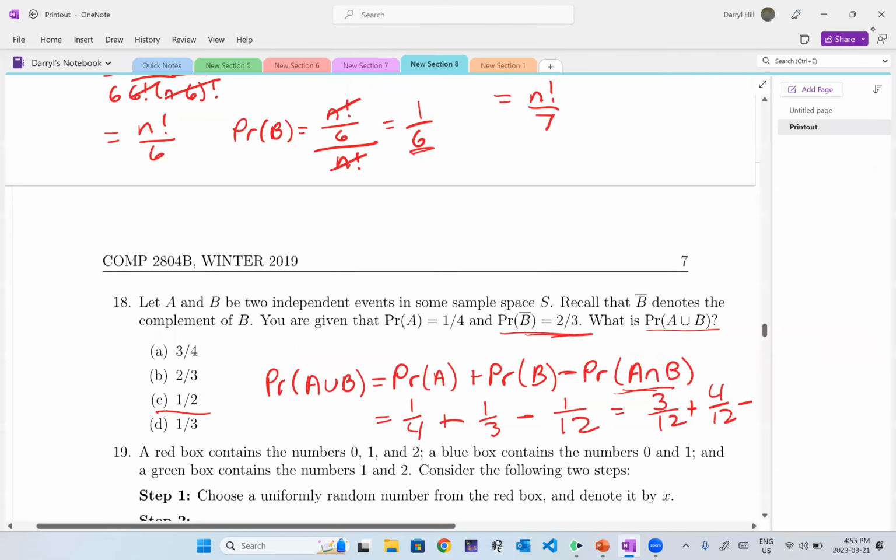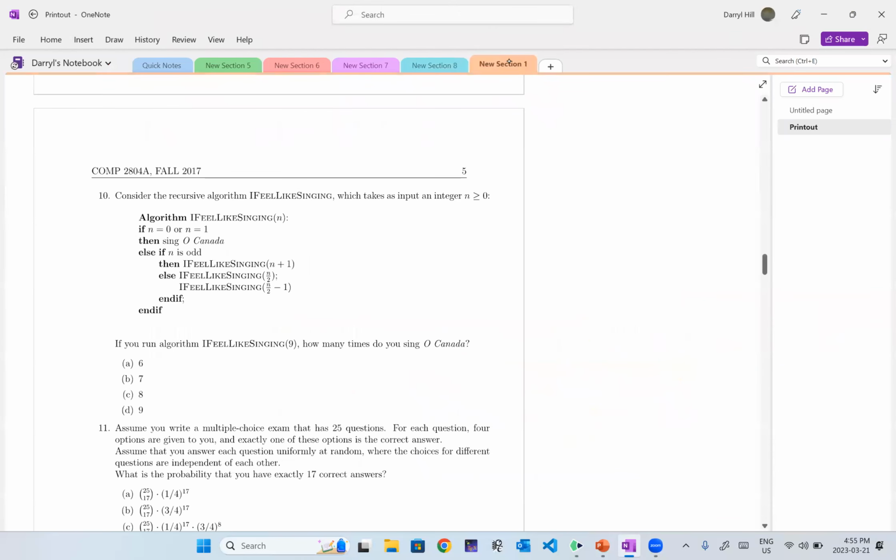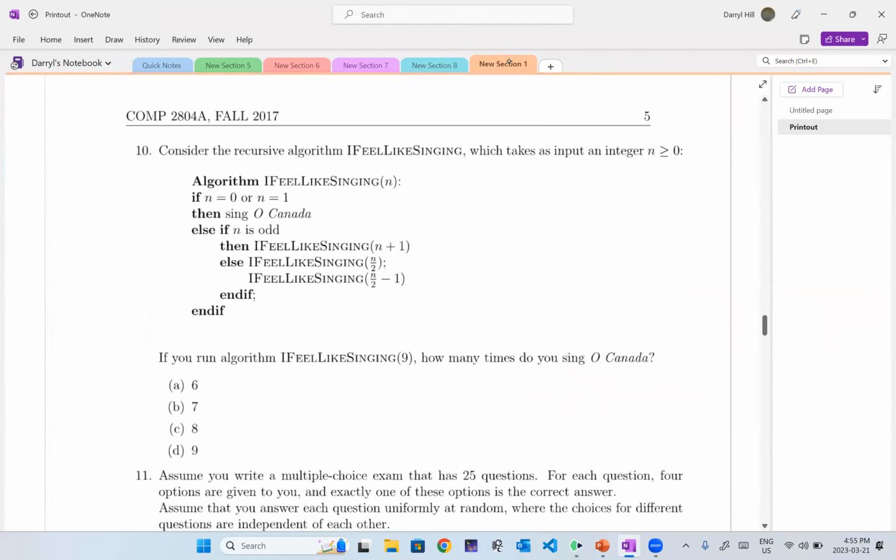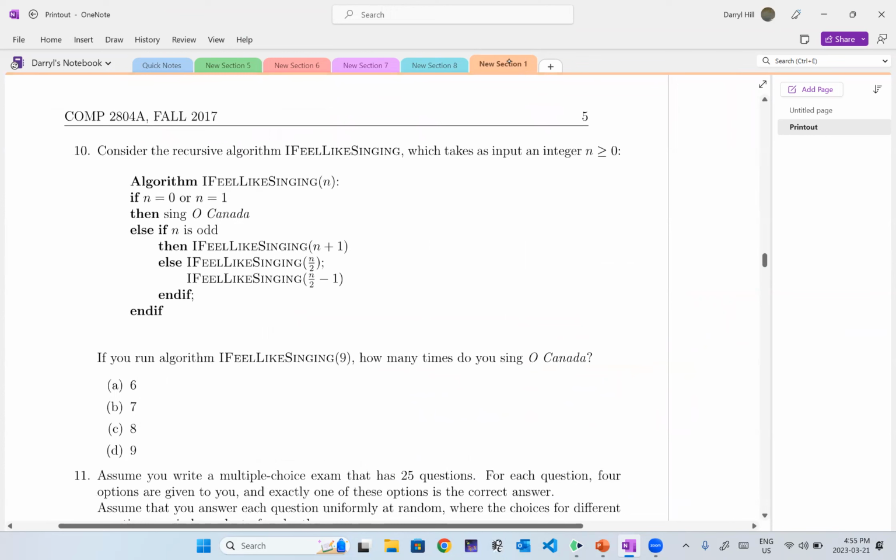Okay, I just want to show you one more thing because you will most likely see something that looks like this, some algorithm that you have to analyze. There's a couple ways to do this. It's up to you how much you want to be challenged.